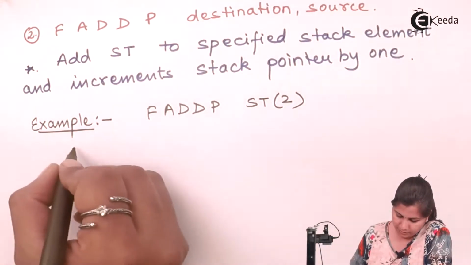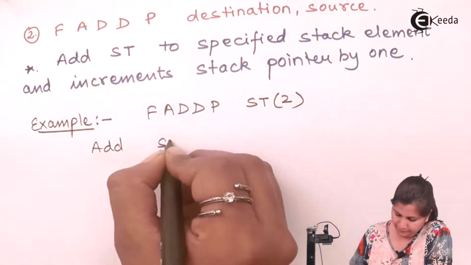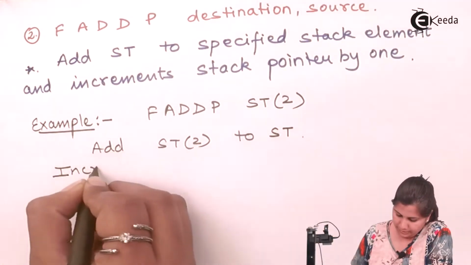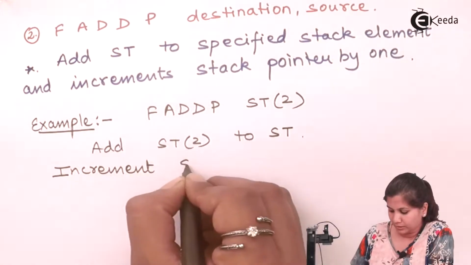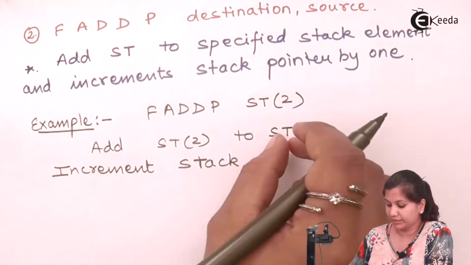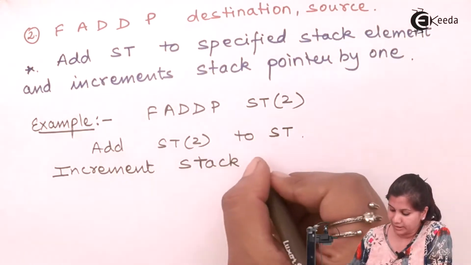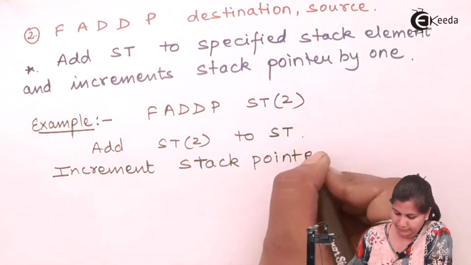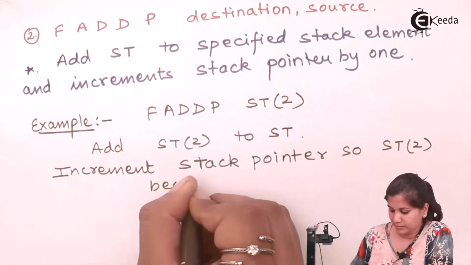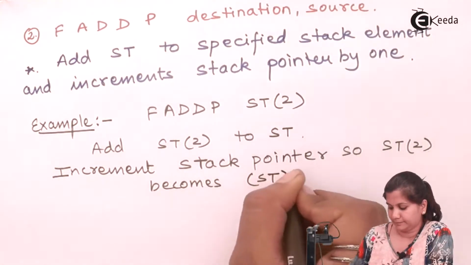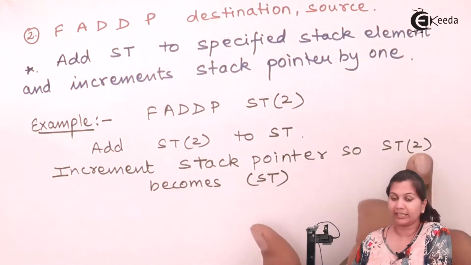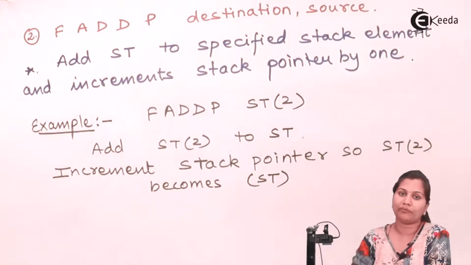So in this, it is going to add ST2 to ST, increment the stack pointer, because now the stack pointer is at ST. So when the stack pointer is incremented, ST2 becomes ST. The stack pointer is incremented, now the stack pointer is going to point at ST2. So ST2 will now become the top of the stack.